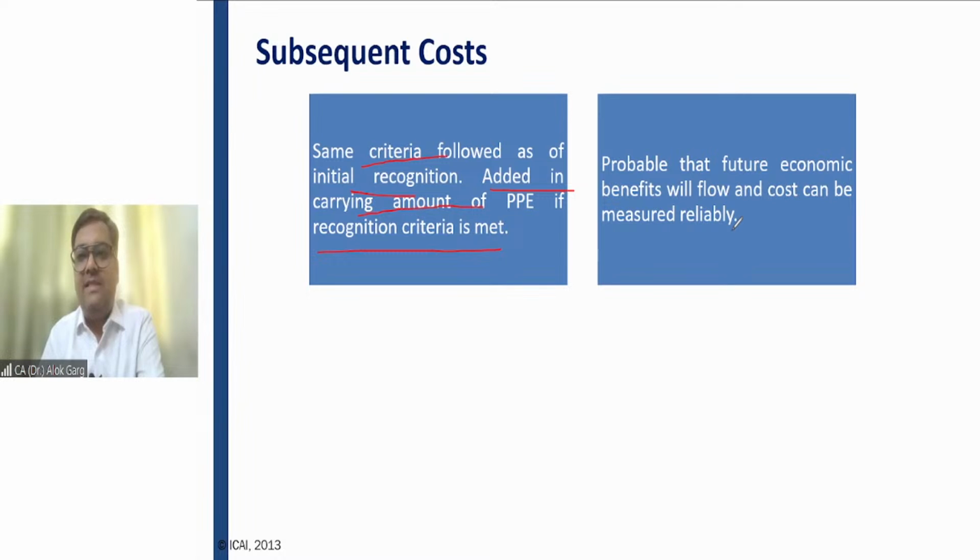In the invoice, the value of these components is not there. Only the value of the car is there. So how do you derecognize that? I'll tell you. But for the time being, number one, the recognition criteria is same for subsequent cost also, which is future economic benefit and cost can be measured reliably. If the recognition criteria is met, that subsequent cost is going to be capitalized.